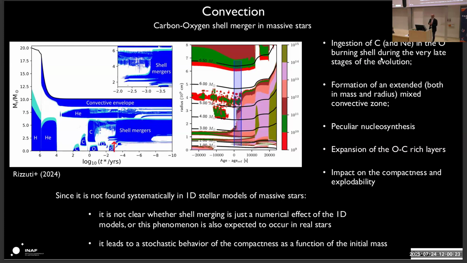Now, the problem is that this is not found systematically in 1D stellar models. It is not clear whether this is a numerical issue or if it is expected to occur in real stars. And of course, this leads to a stochastic behavior of the compactness as a function of the progenitor mass.